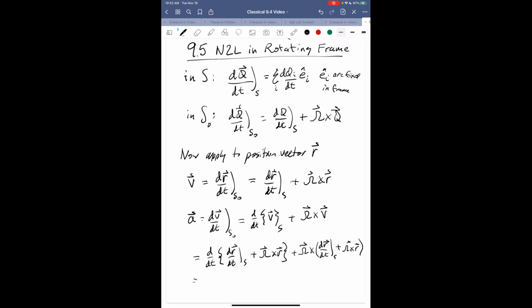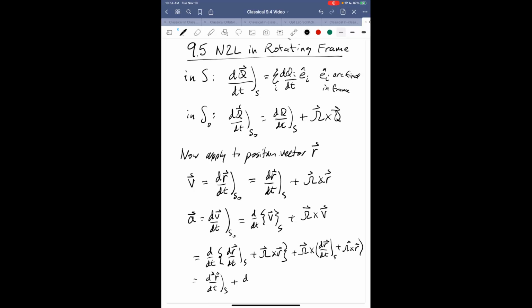So let's go ahead and do it. Well, I know how to do this derivative. This is just the second derivative of r with respect to time in the rotating frame. And then I've got to take the time derivative of this cross product. Way back in chapter 1, we showed that that works by distributing the time derivative into each of these vectors.